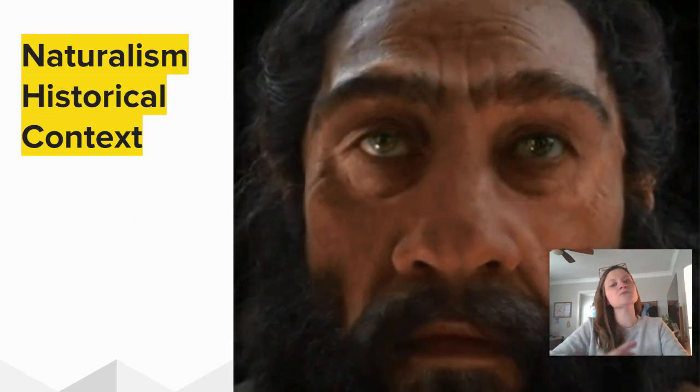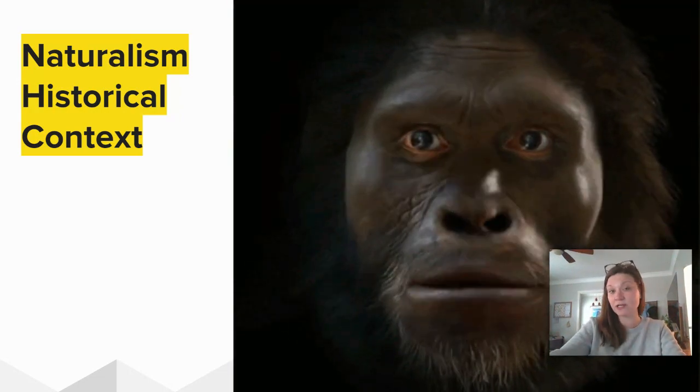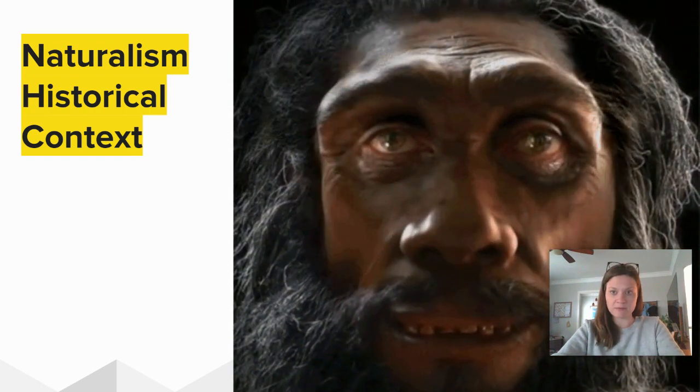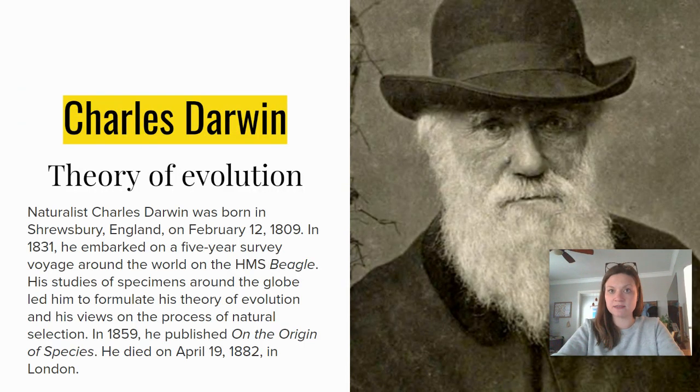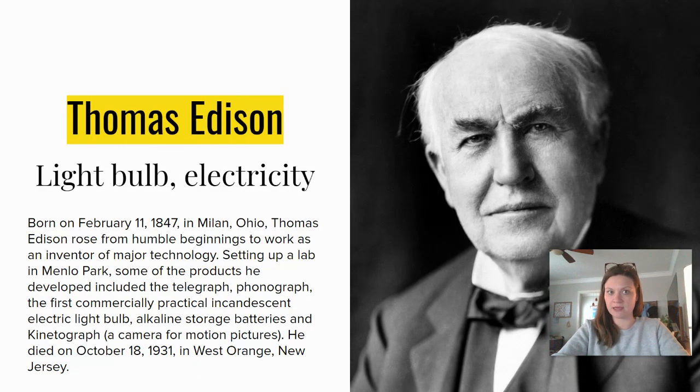And we have naturalism. So naturalism is more inspired by the big changes that were happening in science and invention. The main players of naturalism were going to be Charles Darwin and his theory of evolution, which was just mind-boggling for people. Alexander Graham Bell, who was one of the great inventors, of course, of the telephone and many other things.